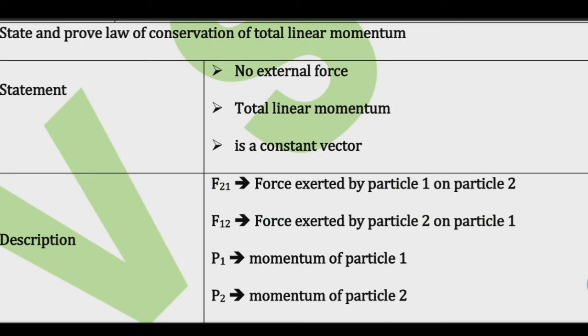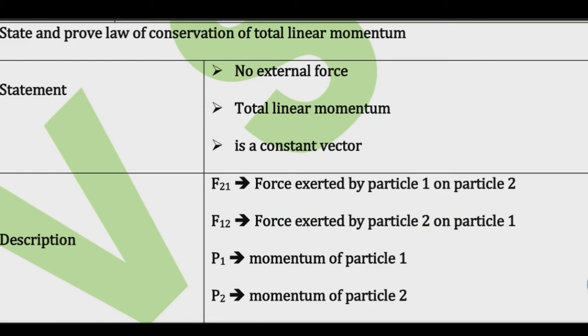Law of conservation of total linear momentum, statement: if there are no external forces acting on the system, then the total linear momentum of the system, P vector total, is always a constant vector. When two particles interact with each other, they exert equal and opposite forces on each other.